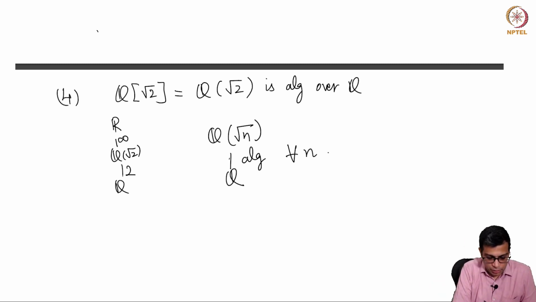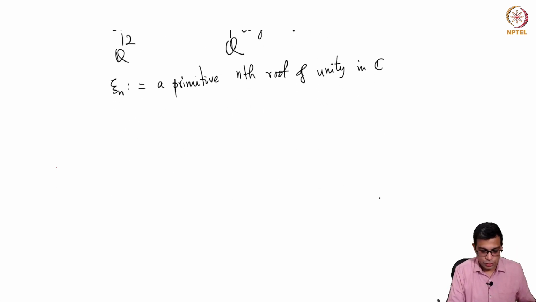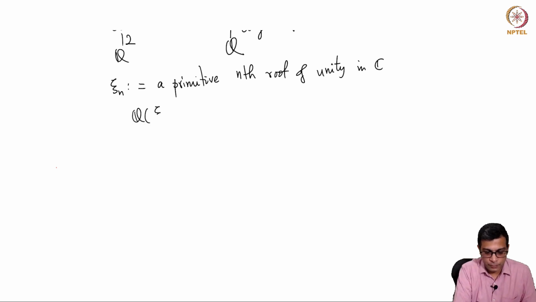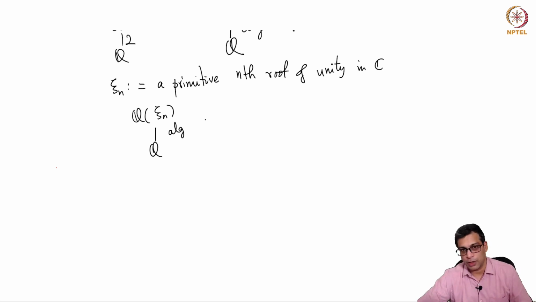If you take zeta_n to be a primitive nth root of unity in C, then that is an algebraic extension. We will learn later what the degree is. If n is prime, the degree is just n minus 1, but otherwise it's the Euler function, which at some point we will discuss.